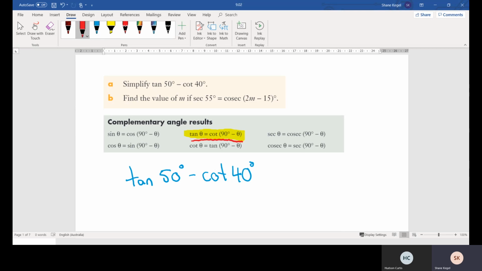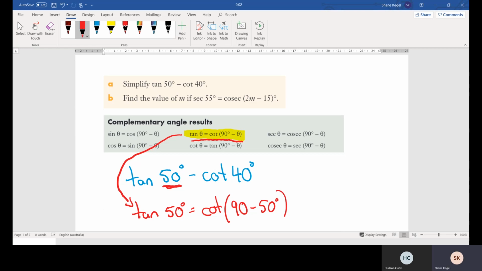If we're looking at theta in this example, theta is 50 degrees. So writing into my ratio here, tan 50 degrees equals the same as cot of 90 take 50 degrees.